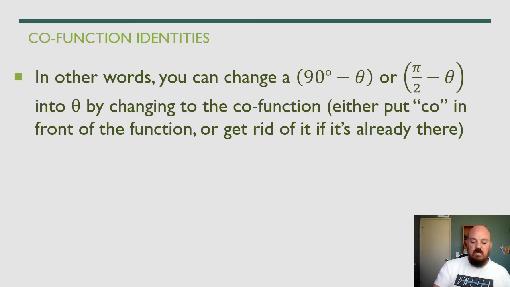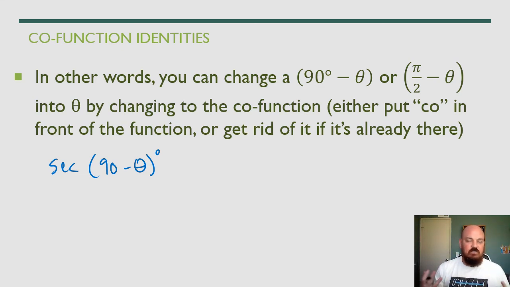So for example, let's say I'm doing a question, and somewhere in this question it says secant of 90 minus theta degrees. And you look at it and you go, oh, I noticed that. That's the thing about the cofunction identities. They have a very specific use, and you have to recognize that it's time to use them. So when you see that 90 minus theta, that's a red flag for you. And you go, I want to use my cofunction identities.